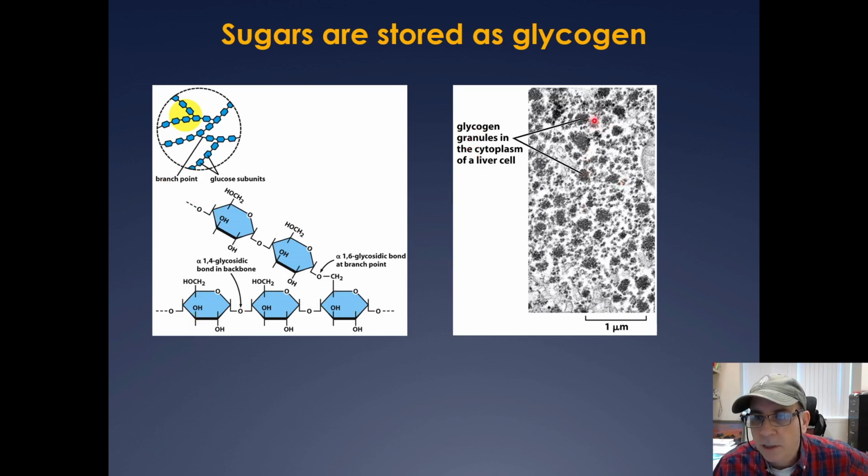This is a scanning image of a liver cell, and here you can see the glycogen granules within the liver cell. When the liver needs energy, it can hydrolyze the glycogen down into glucose, which can then be converted into pyruvate via glycolysis, which we just covered.